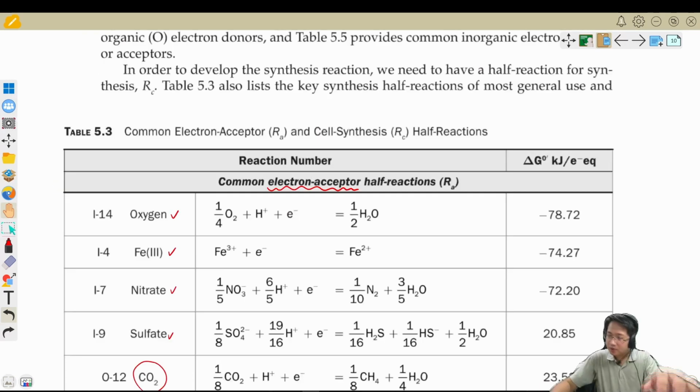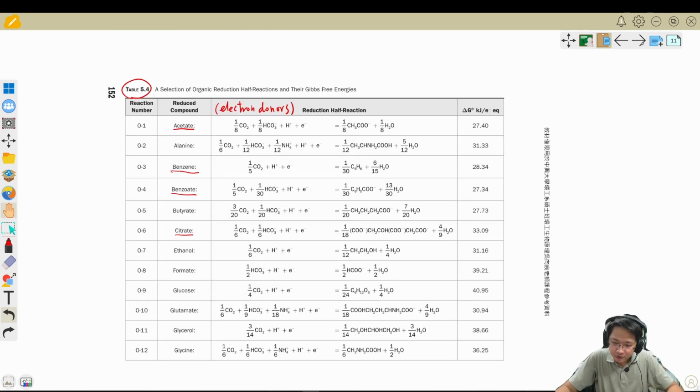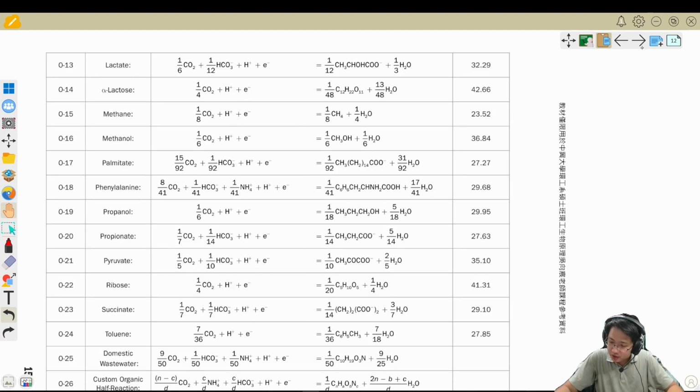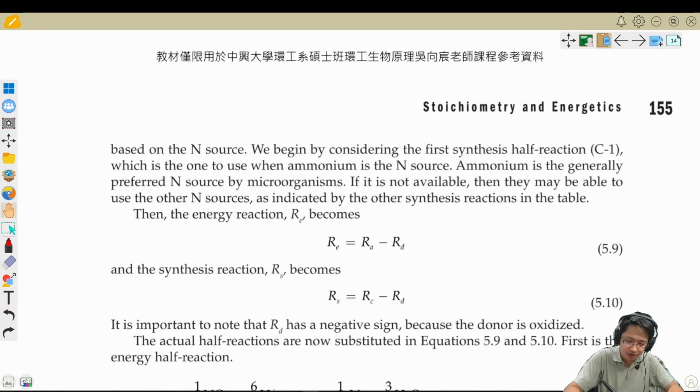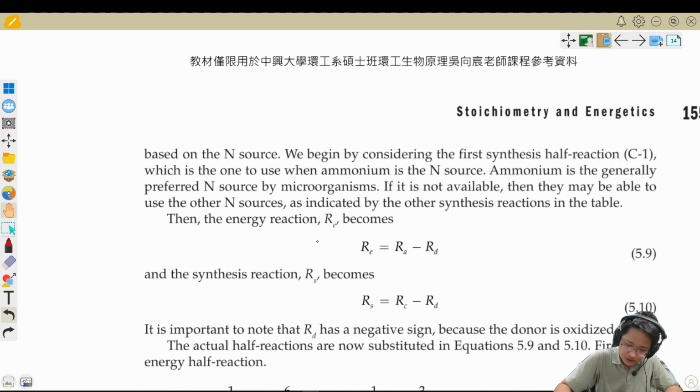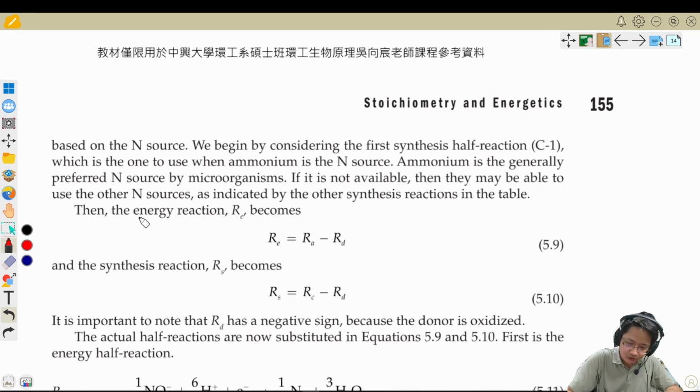Okay, so right now we are moving to page 155. So we begin from the reactions for the energy. So energy comes from, as we say, the oxidation and the reduction chemical reactions.